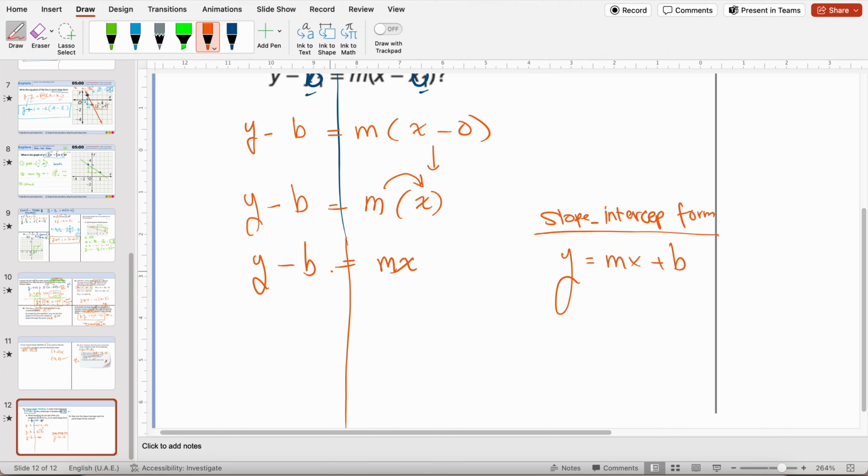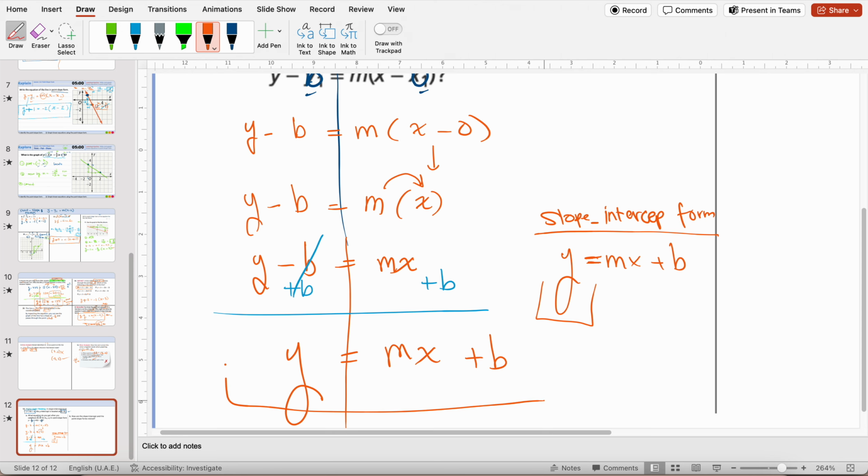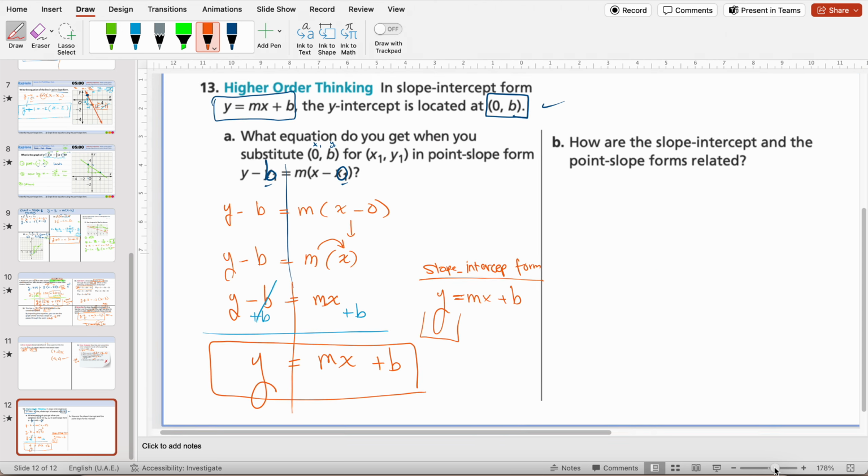It's very similar, but I have only one thing. Here the y is alone equals something, but here I have b. So just move the b. Add b on both sides. What do I have left? Y alone equals mx plus b, which is what? The slope-intercept form.